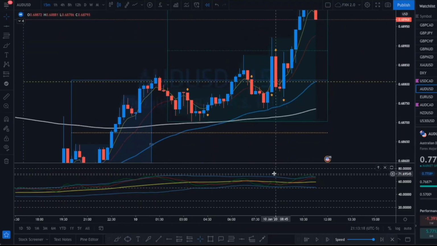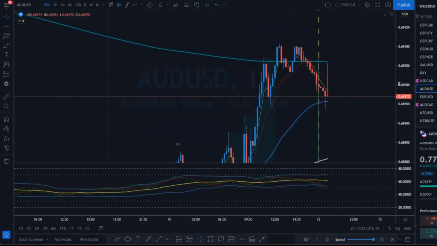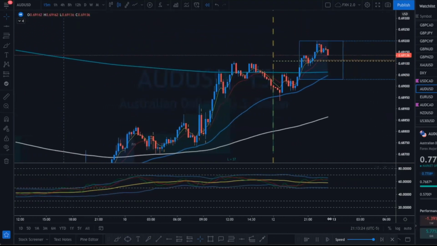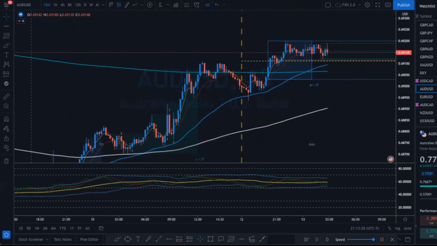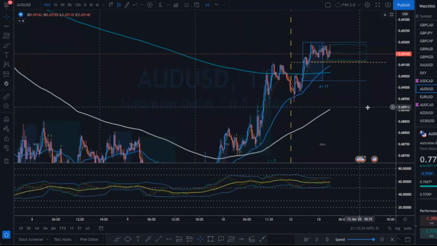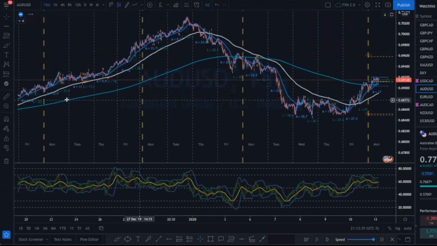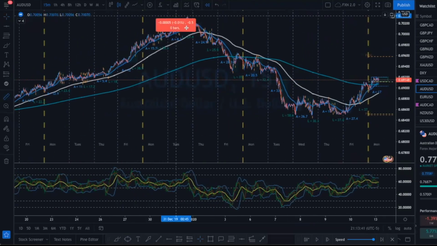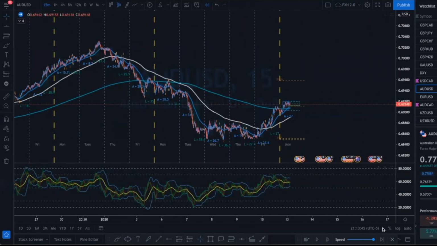There you go. It just doesn't produce the pips, man. It just don't produce the pips, unfortunately. Is the only problem. 185.